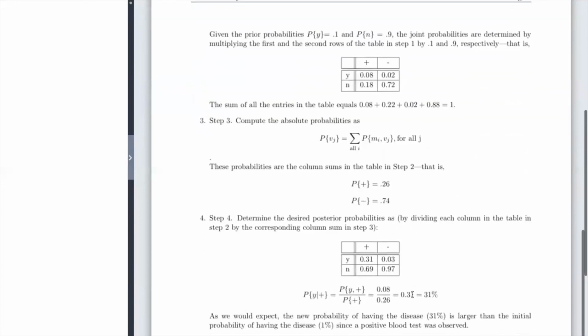And now to determine the desired Bayesian or posterior probabilities, we divide each column by the respective value.